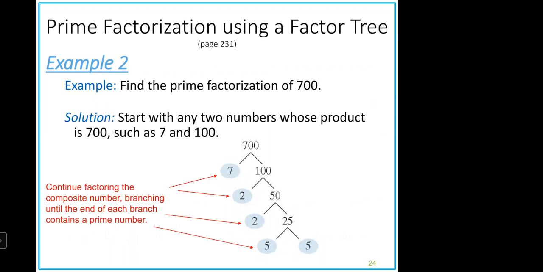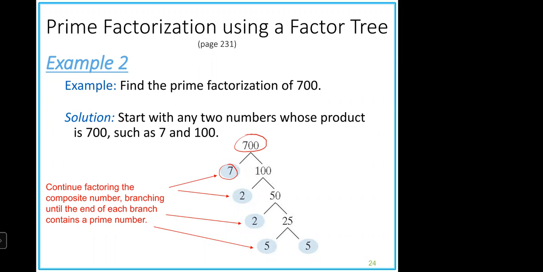In this case, we start with 700 as 7 times 100. And once we have a prime number, we could circle it or underline it or identify it somehow. So 7 is a prime number, so we don't have to divide that 7 any further because you can't break it down any further; only 1 and 7 could divide 7.